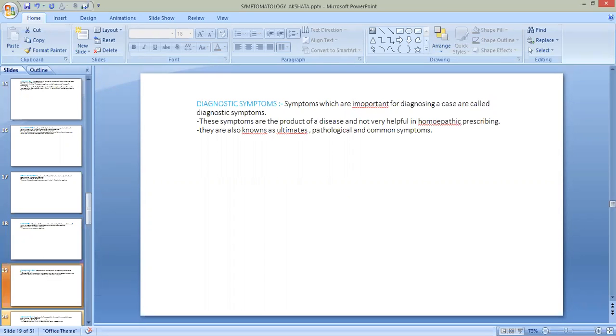Then diagnostic symptoms, this we have also completed. These are the symptoms which are important to diagnose the disease condition, and these symptoms are the product of a disease and not very helpful in homeopathic prescribing. They are also known as ultimates, pathological, and common symptoms.